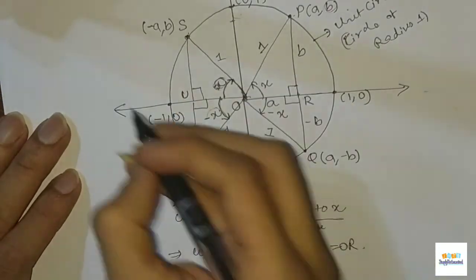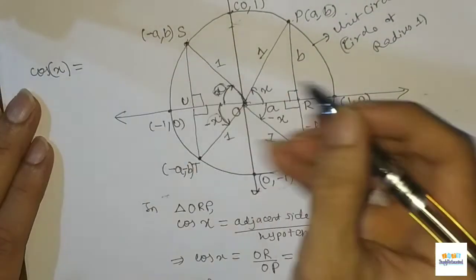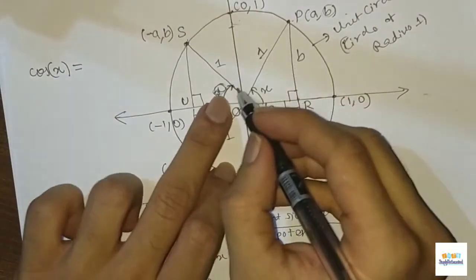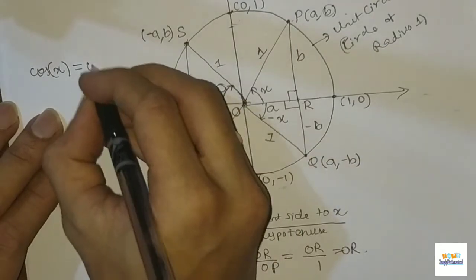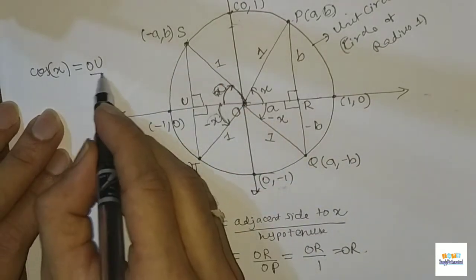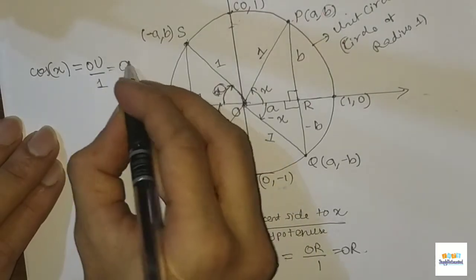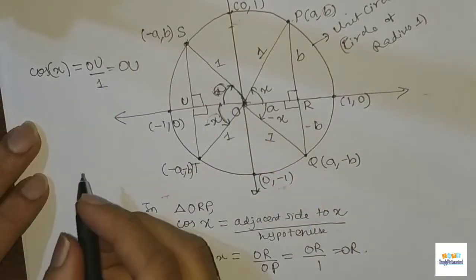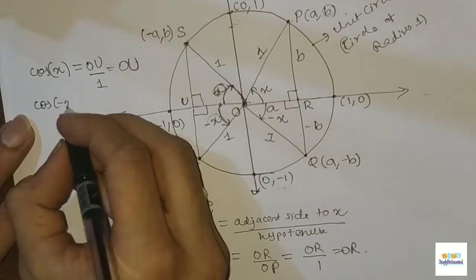Now if we find cos x here, what will you get? Cos x is equal to adjacent, that is OU, divided by the hypotenuse, which is 1, which is nothing but OU. Now what will be cos of minus x?